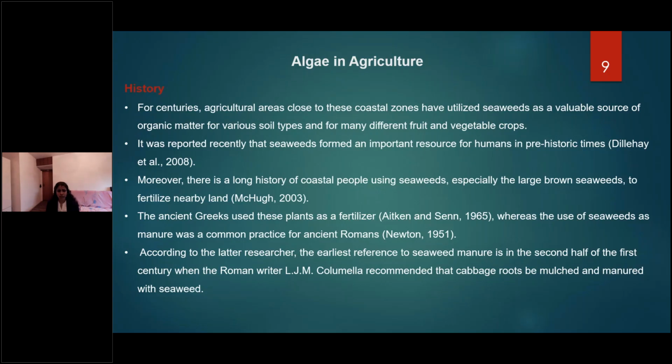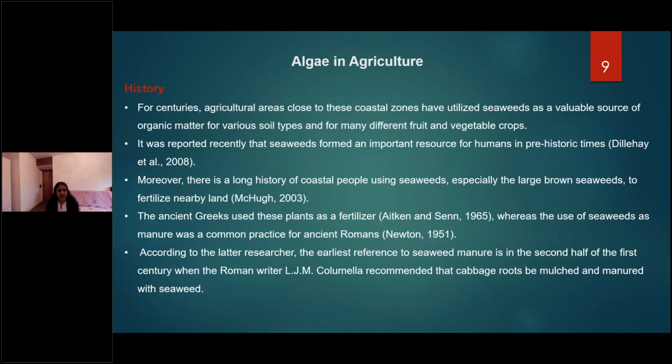According to Delahe et al. 2008, they have recently reported that seaweeds formed an important resource for humans in prehistoric times. Moreover, there is a long history of coastal people using seaweeds, especially the large brown seaweeds, to fertilize nearby land.